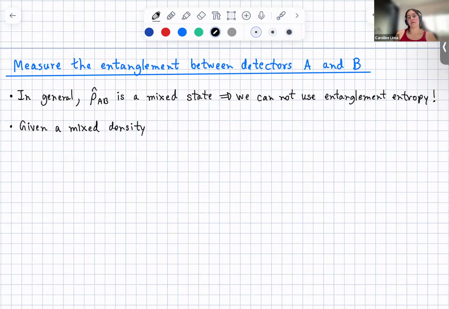But if you already started with a mixed state, let's say you start with the maximally mixed state, your initial state already has non-zero entanglement entropy. So it's not going to be a proper measure in that case. So as you said, I think you can think of that as mixing the two indeterminacies.